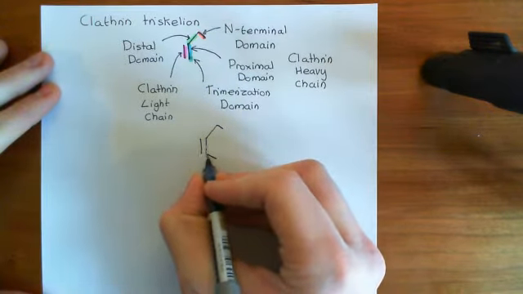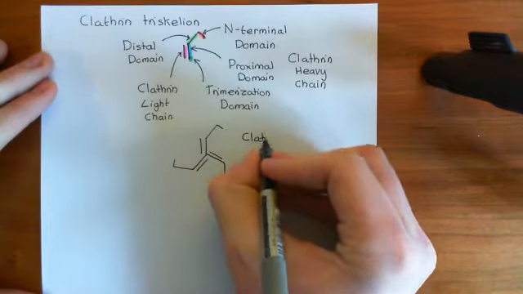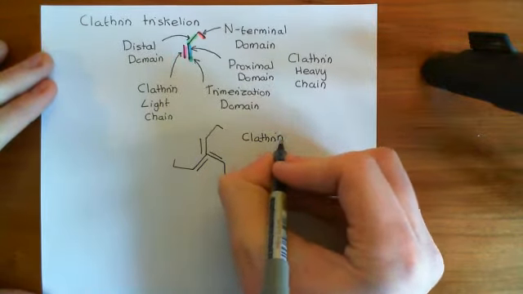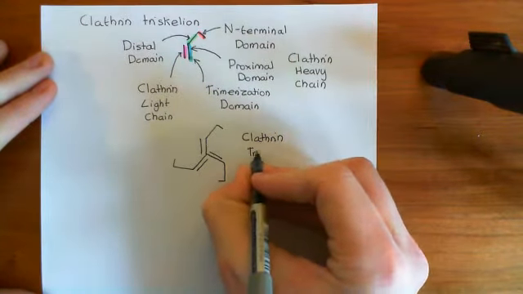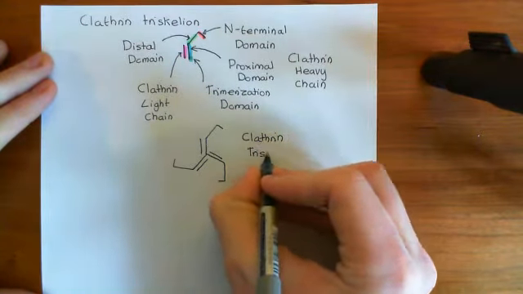So here comes another clathrin heavy chain, and again it will have a clathrin light chain here. And here's another clathrin heavy chain, and here is its clathrin light chain. This structure now is called a clathrin triskelion, and this is the main form within the cell that clathrin exists in.